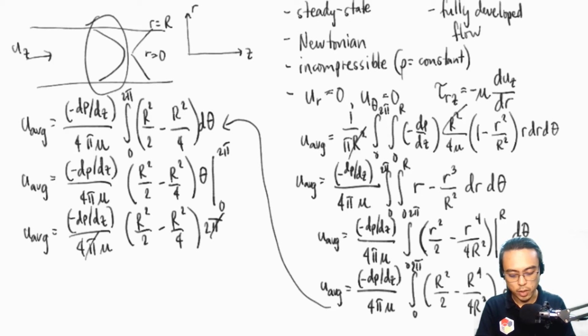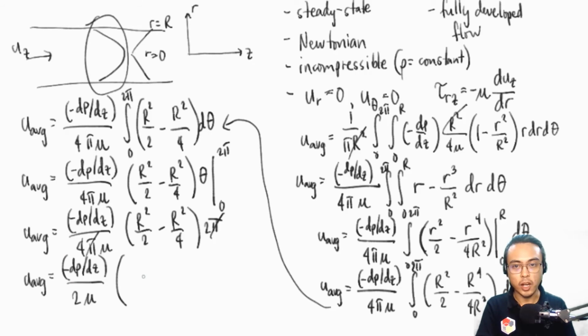We now have the average velocity as negative dp over dz over 2 mu times, simplifying what's inside the parenthesis, we have 4 as the denominator. 4 divided by 2 is 2, so we have 2 capital R squared minus capital R squared.